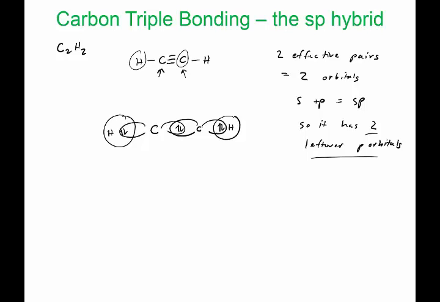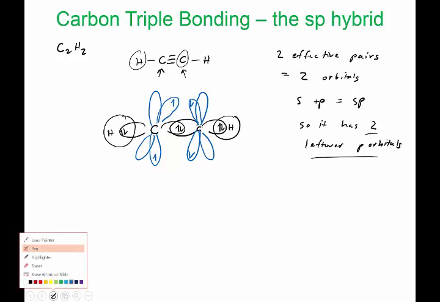So we'll put one of them like this. And then this carbon also has one here, and then another one here. Okay, so there's an electron here and here that share, and then there's one here and one here that share.